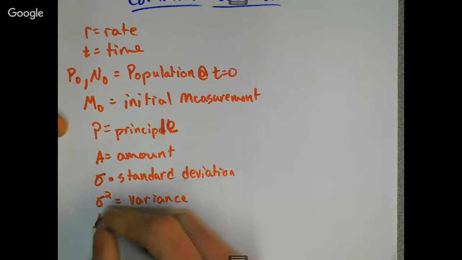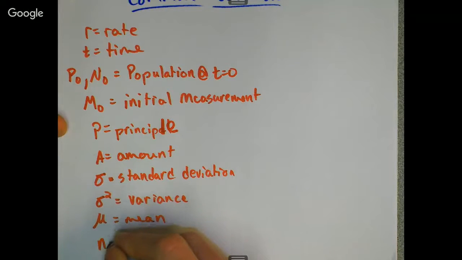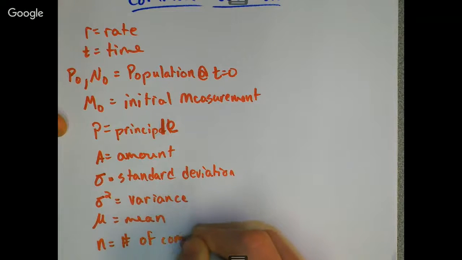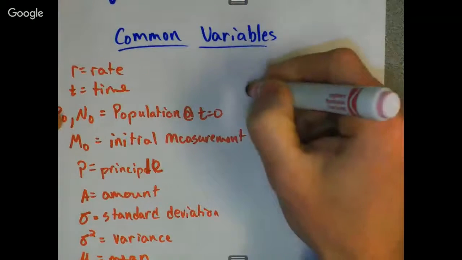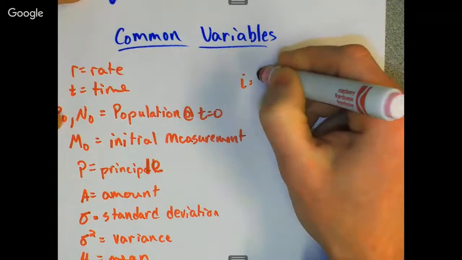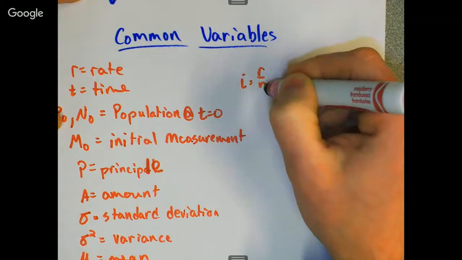You have mu, which is mean. n, which is number of compounds. We'll have i, which is often used for r over n, so your rate divided by your number of compounds.